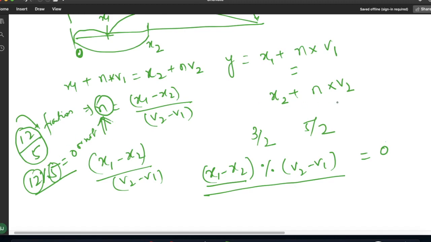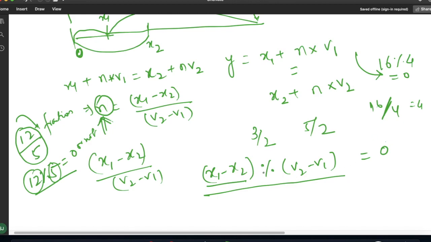Suppose we have a value like 16 by 4. Now if we are dividing 16 modular 4, we will simply get 0. If you are using the modular operation, it will give 0. Whenever we divide 16 by 4, it will give 4. But if you are checking 16 modular 4 and it gives 0, then it is divisible. So we'll apply the same logic over here.